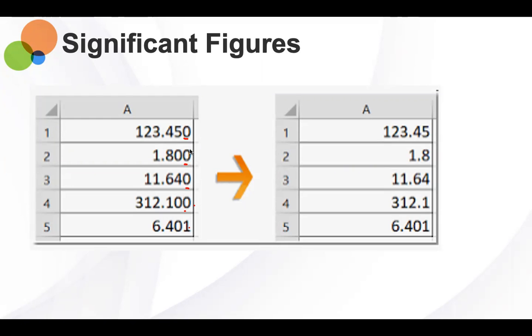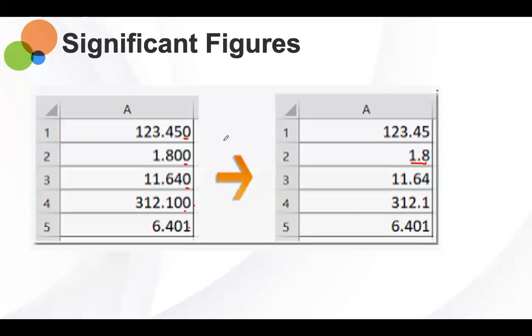So therefore, we add trailing zeros. If we didn't have it in a table, you could just present it as 1.8 if you were just presenting an answer. But because it's in a table with 6.401, you have to add these trailing zeros. So is that clear?